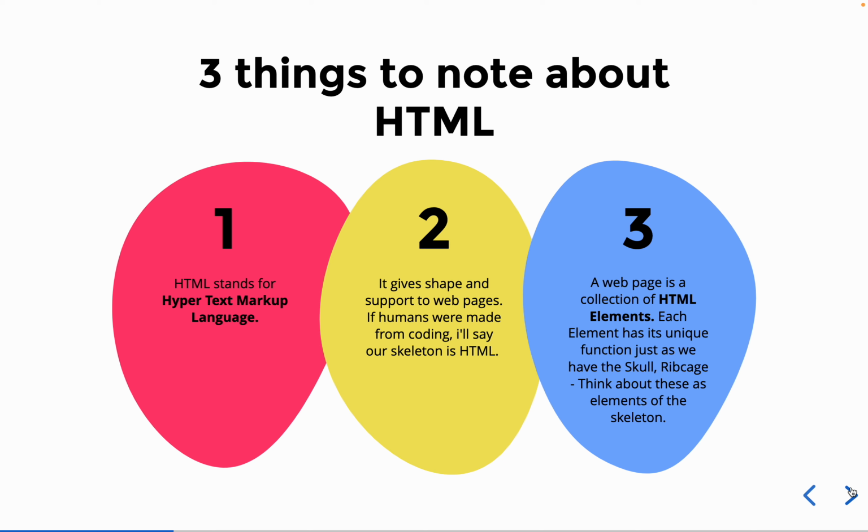HTML stands for Hypertext Markup Language, and like I said earlier, it gives shape and support to web pages. If humans were made from coding, I'll say our skeleton is HTML. And then 3, a web page is a collection of elements. Each element has its unique function, just as we have the skull, rib cage. Just think about these as elements of the skeleton.